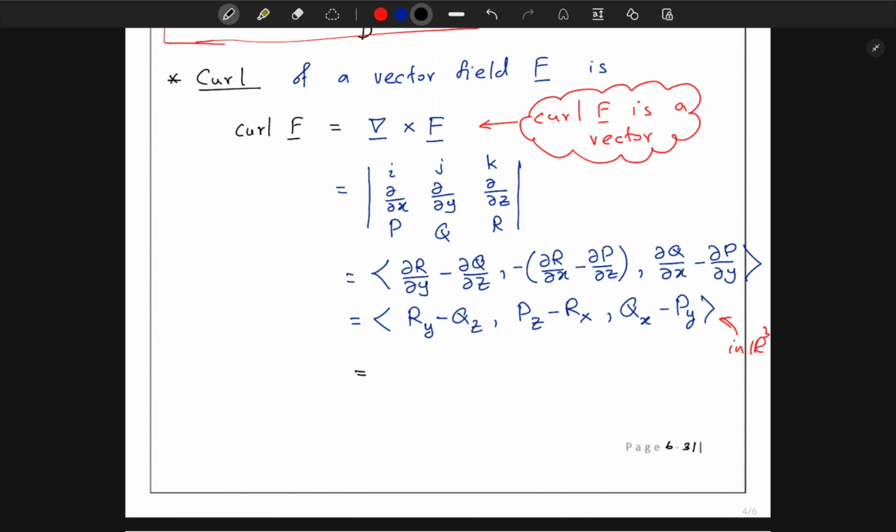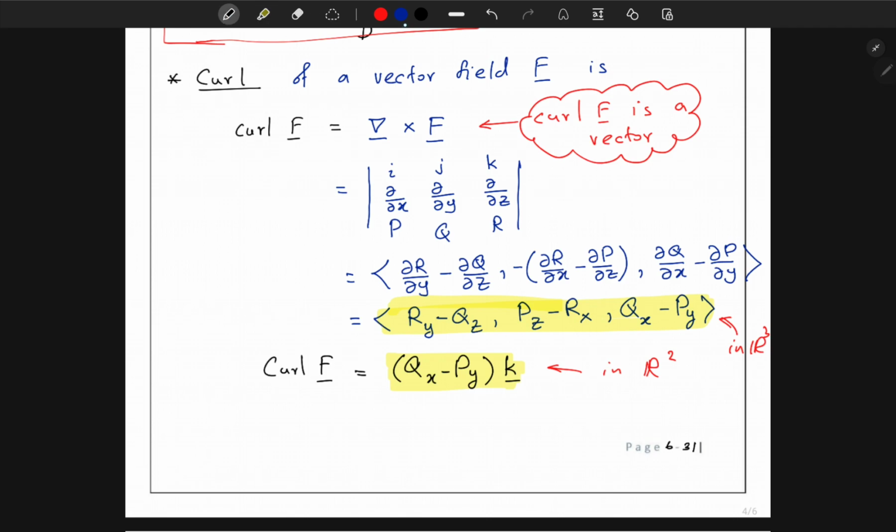So the 2-dimensional version is Q_x minus P_y times k in the direction of the other dimension. So this is in R2. To be complete, let me write curl of F equals that. If you are working with a 3-dimensional vector field, use that. If you are working with a 2-dimensional vector field, you can use this.